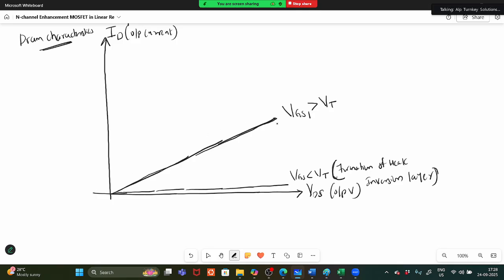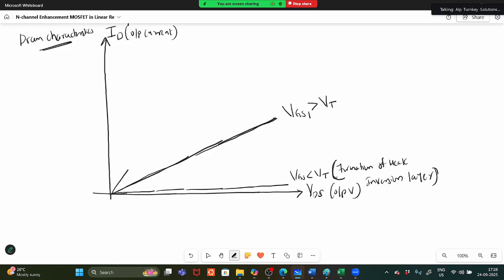Why? Because the channel is uniform. As VGS increases more and more, whatever minority carriers are there will be added in the channel. The depth of the channel increases, the number of electrons in the channel increases, so drain current also increases.